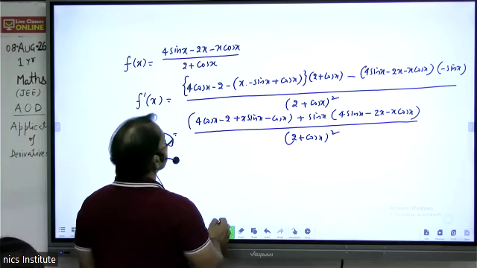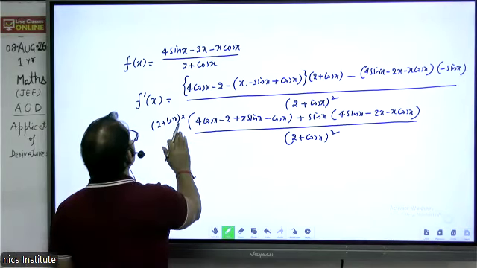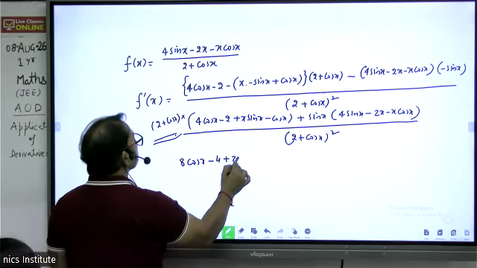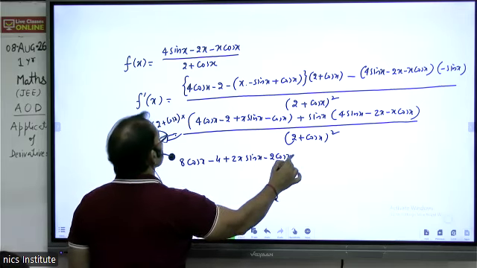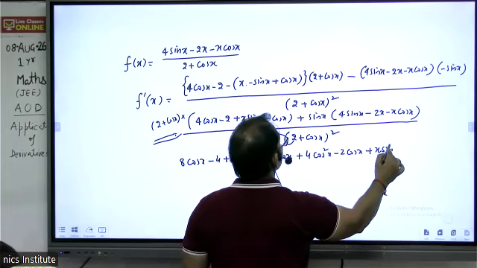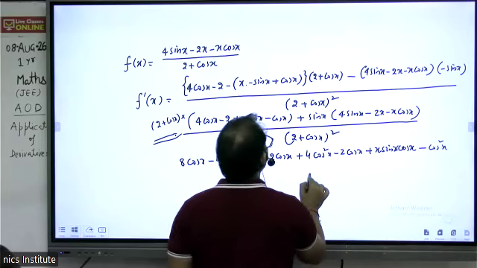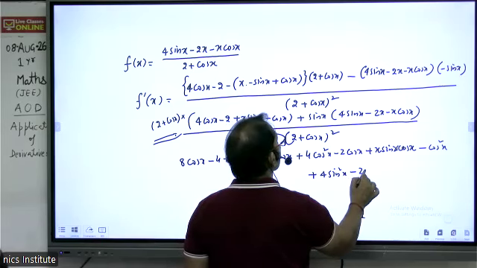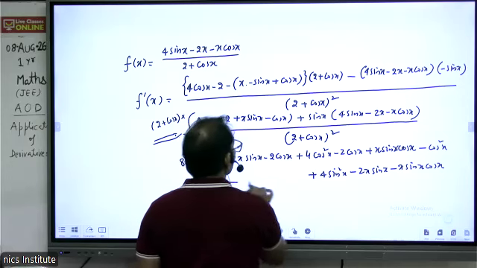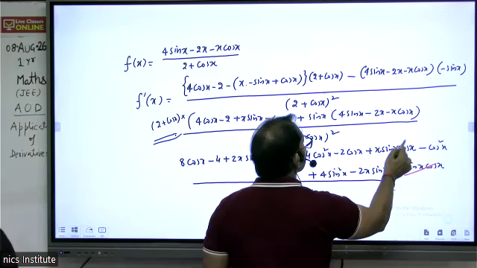4 sin square x, this is into 2 plus cos x also na. So what are the terms cancelling out? 2 x sin x cos x हट गया.